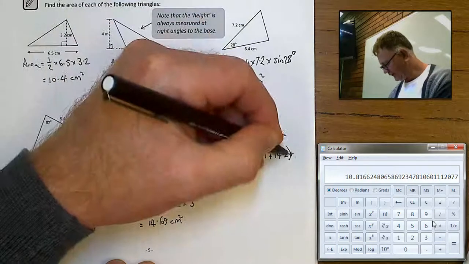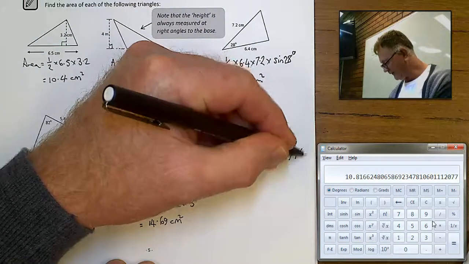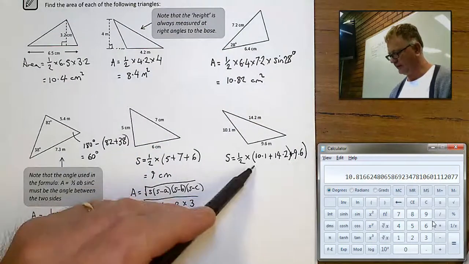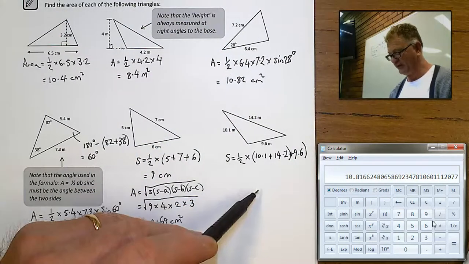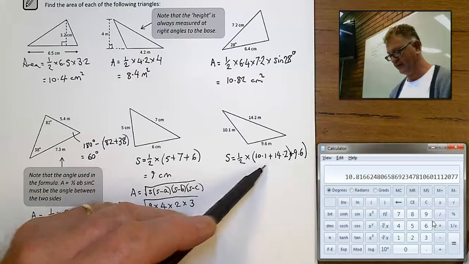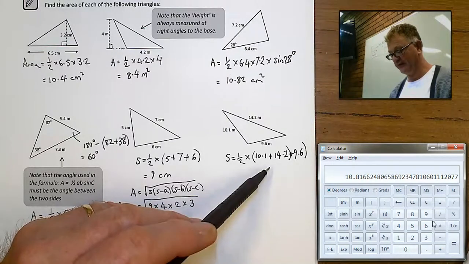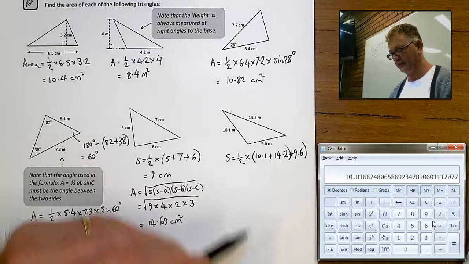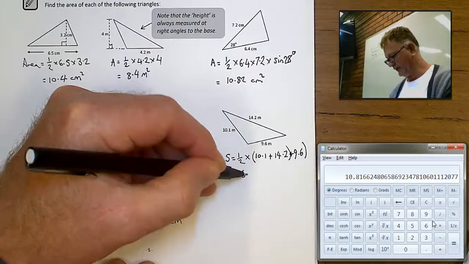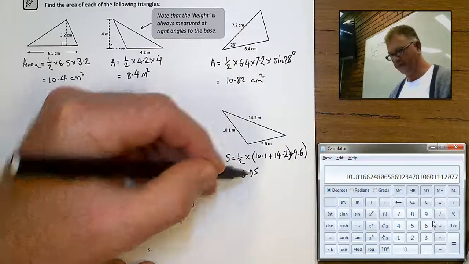Plus 9.6, isn't it? When you've got mixed operations in your question where you've got pluses and times together, be very careful. Keep that in brackets. Do it in brackets on your calculator, or do that bit first, press equals, and then times it by half, times it by 0.5. I've done this beforehand. I know the answer is 16.95.